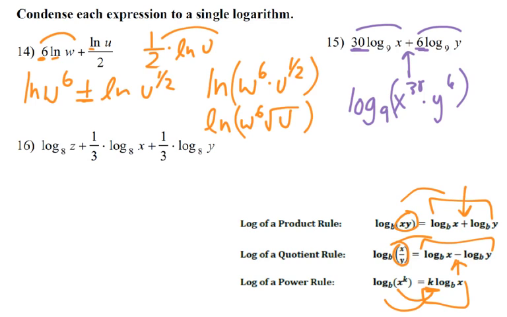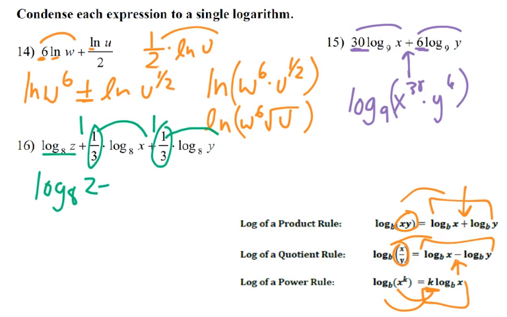Now on 16, we've got a little bit more. Okay, so I've got 1/3, which would go up here, 1/3, which would go up here. Log base z stays the same, plus and plus, so we're multiplying. So I've got log base 8 of z plus log base 8 of x to the 1/3 plus log base 8 of y to the 1/3.